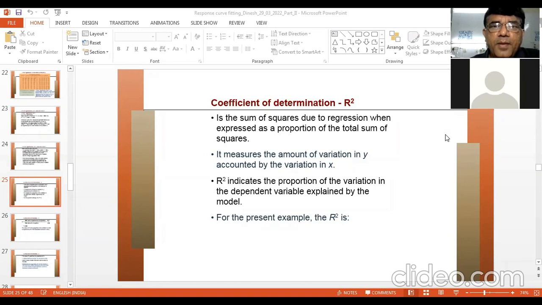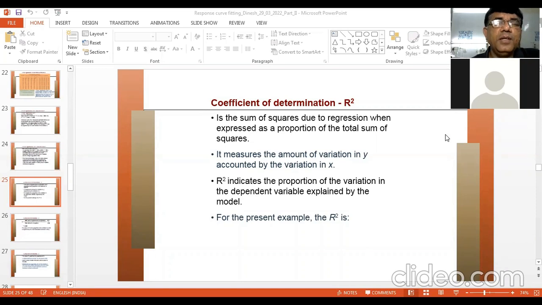That is true. But exactly if somebody asks me how it is used, what is the meaning of coefficient of determination, then you can see it now. It is the sum of squares due to regression when expressed as a proportion of the total sum of squares.